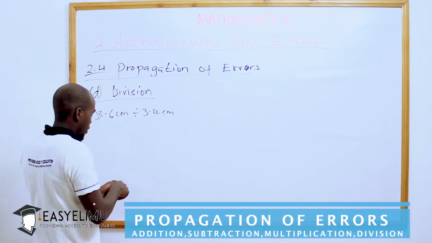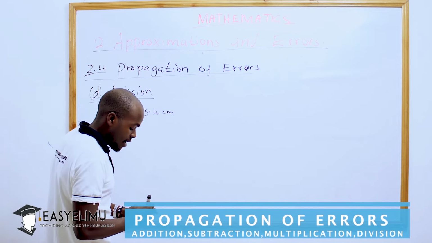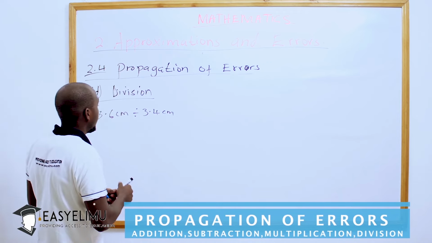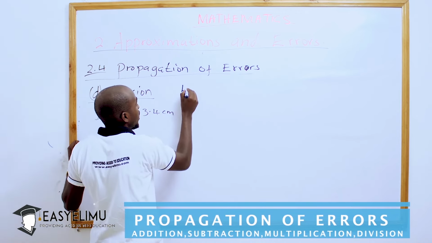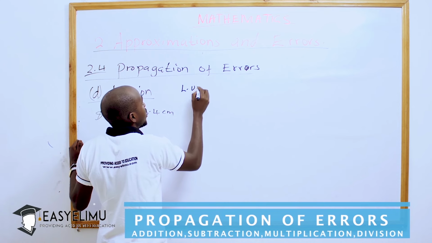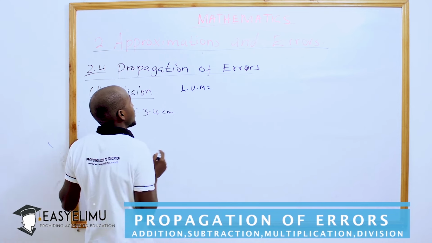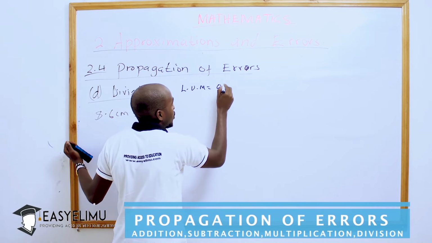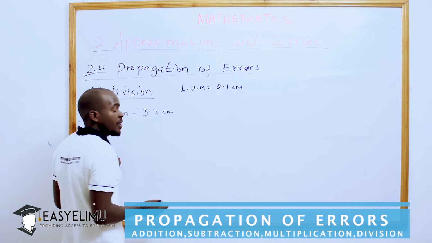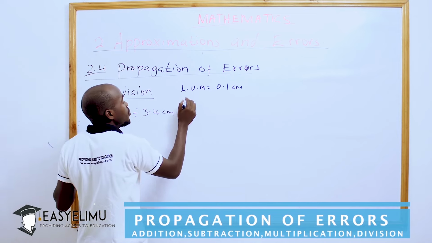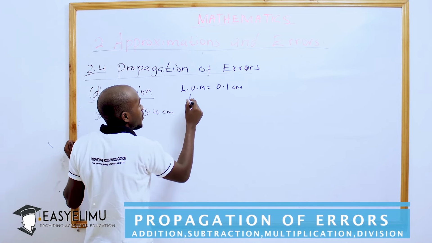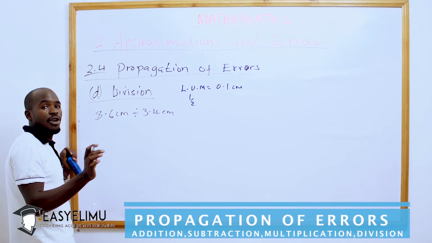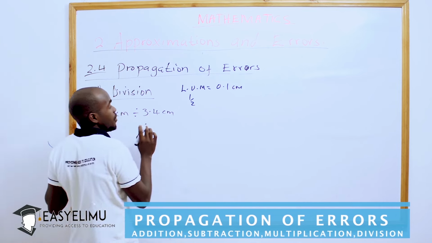For our case here, the first thing to find is the least unit of measurement, and we shall find in both cases it is 0.1 centimeter. After finding that, you find the absolute value here, because that is what we shall be adding or subtracting to find the lower and the upper limits of those measurements.